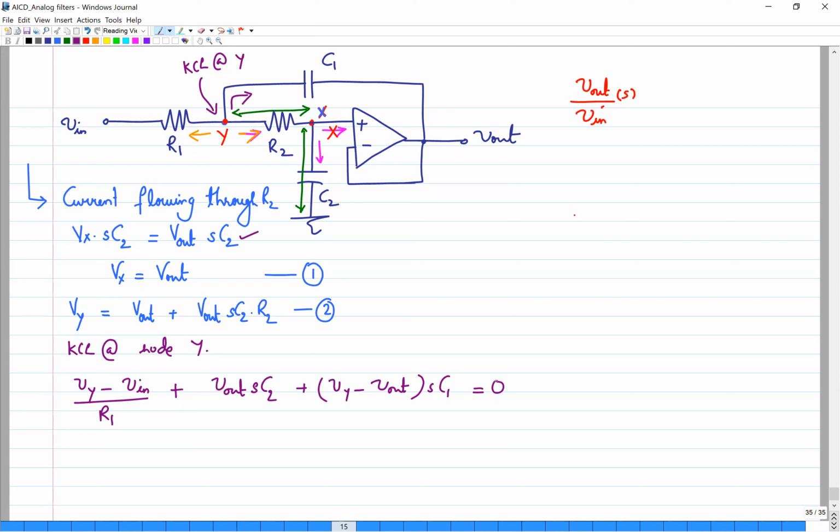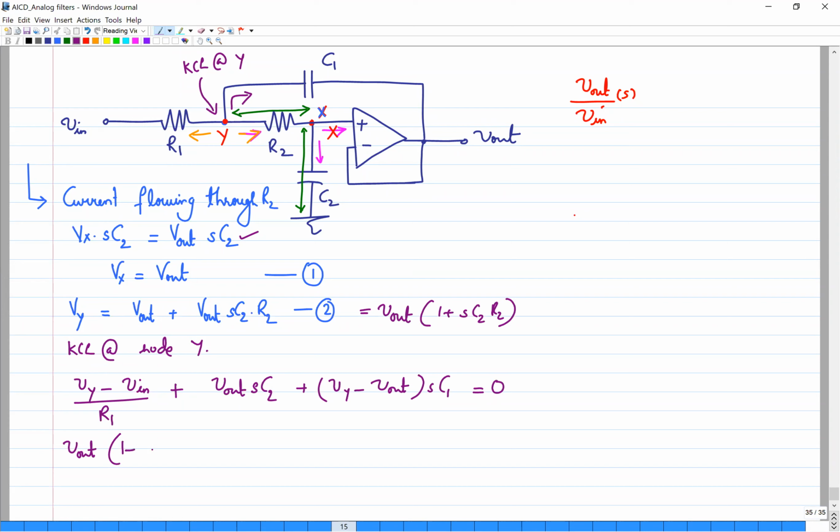Now, the KCL at node Y that I have written contains Vin, Vout and some other term Vy, but I know how to write Vy in terms of Vout. The only thing left is I need to just simplify this. So Vy is Vout into 1 plus SC2R2.